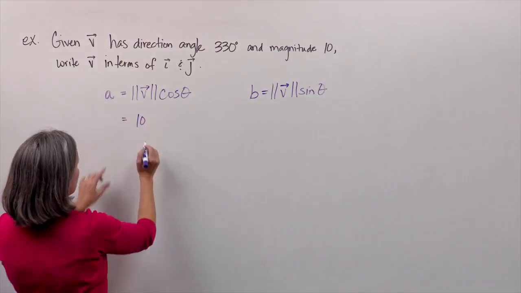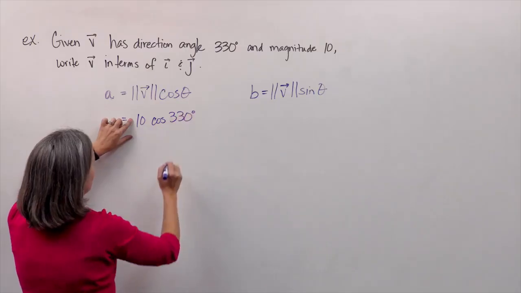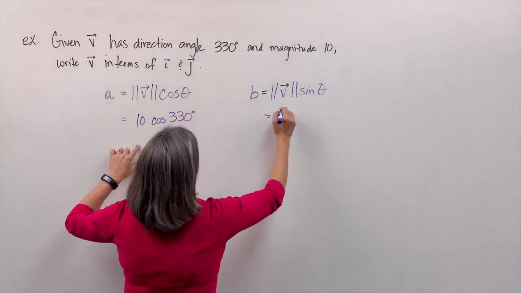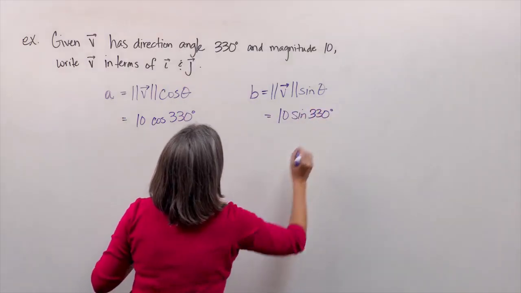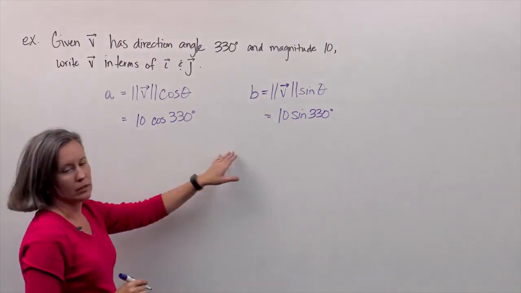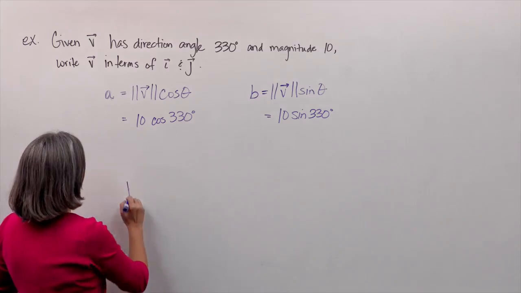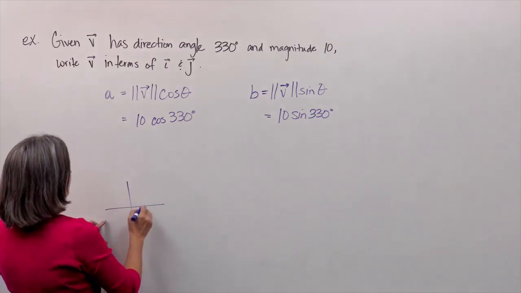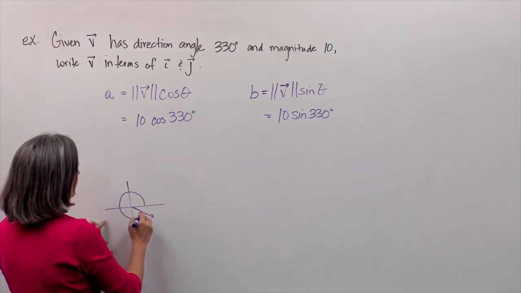Substituting what we're given, magnitude of 10, direction angle 330 degrees, we need to calculate these two values. So let's talk about 330 degrees for a moment. The terminal side of 330 degrees is in quadrant 4.